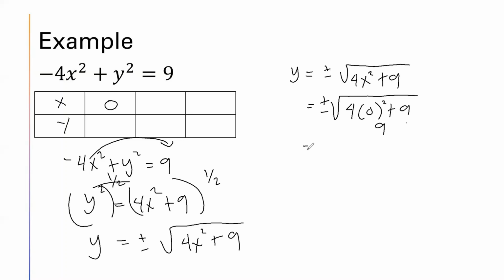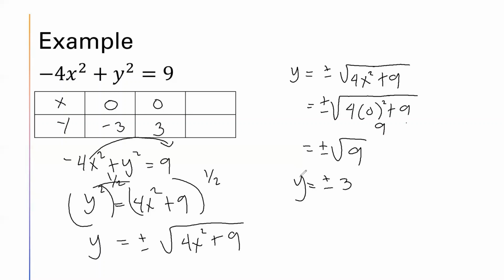So this is equal to positive negative square root of 9, and the square root of 9 is positive negative 3. So for 0, we have negative 3, and for 0, we have positive 3.